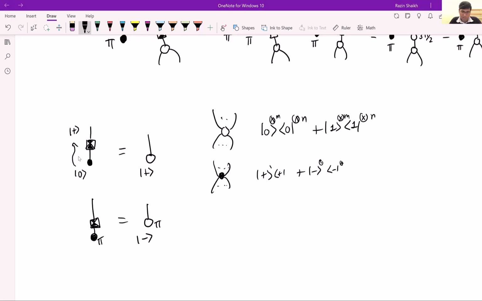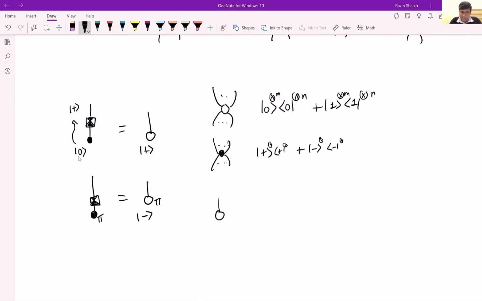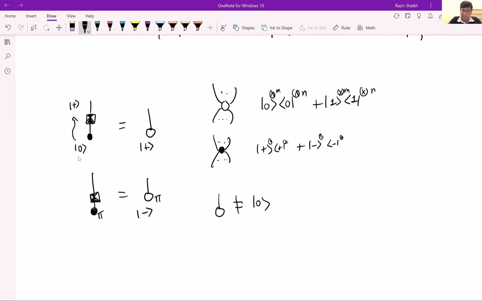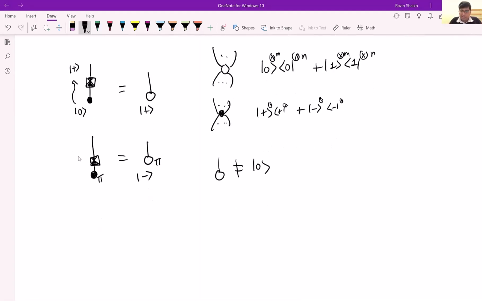However, this is not 0. This is actually plus. And the reason for that is, if I have this diagram, what does this correspond to? If this is 0, there is no input, so it's only output 0 plus 1. And that's equal to the plus state. So that's not equal to 0, but it's actually equal to plus state.